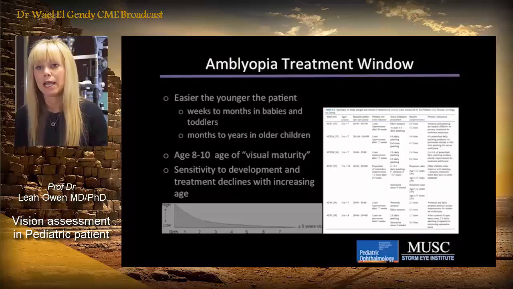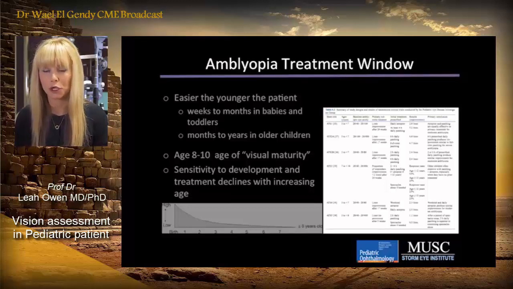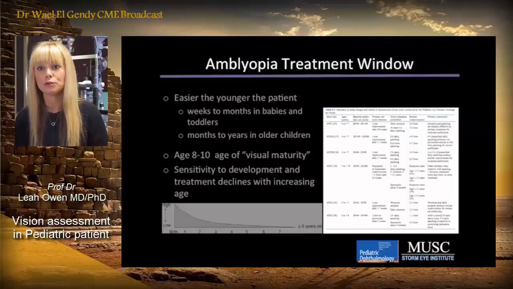I think the take home is that overall studies have shown that 2 hours of patching a day as a starting point is equivalent to, if you extrapolate from all the studies, starting with weekend atropine.